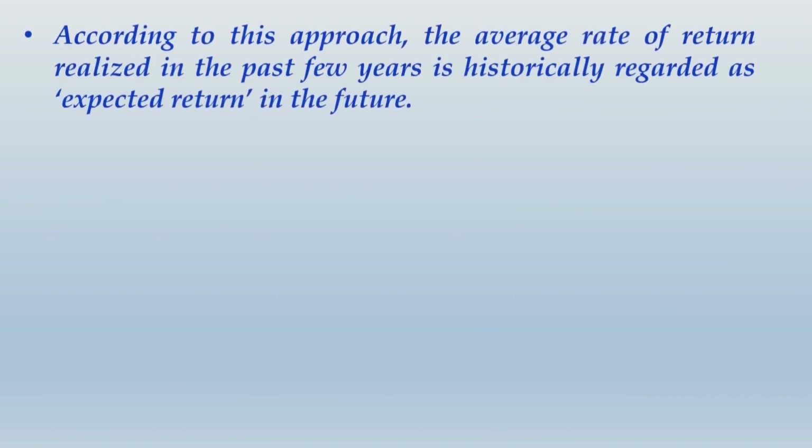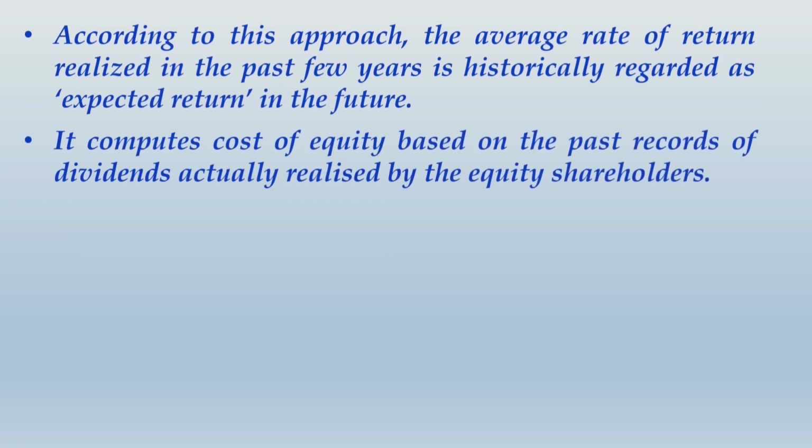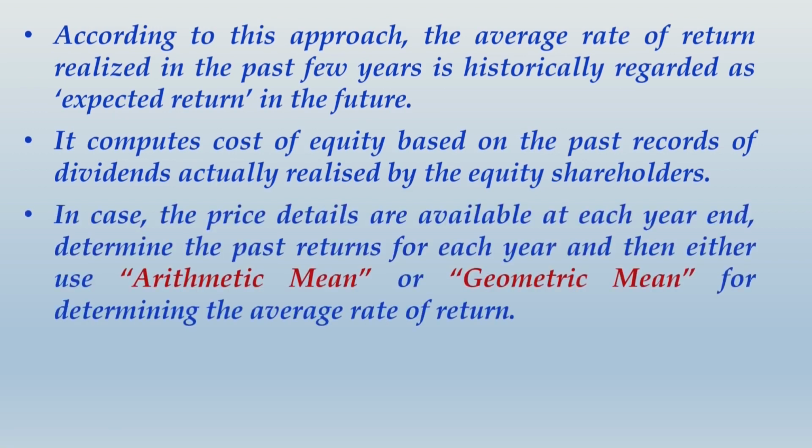So under the heading realized yield approach, write this first point as: according to this approach, the average rate of return realized in the past few years is historically regarded as expected return in the future. It computes cost of equity based on the past records of dividends actually realized by the equity shareholders.